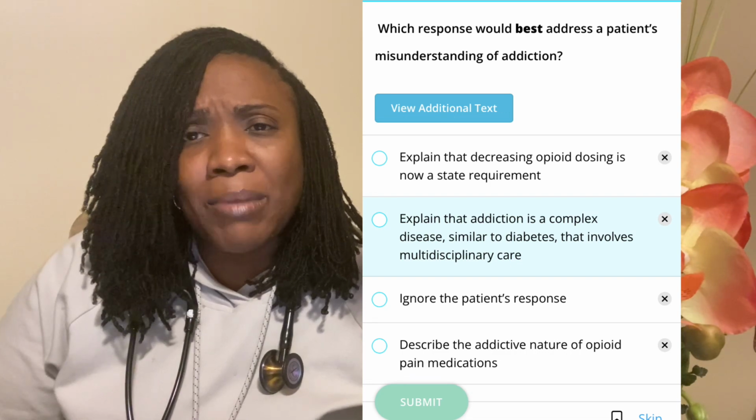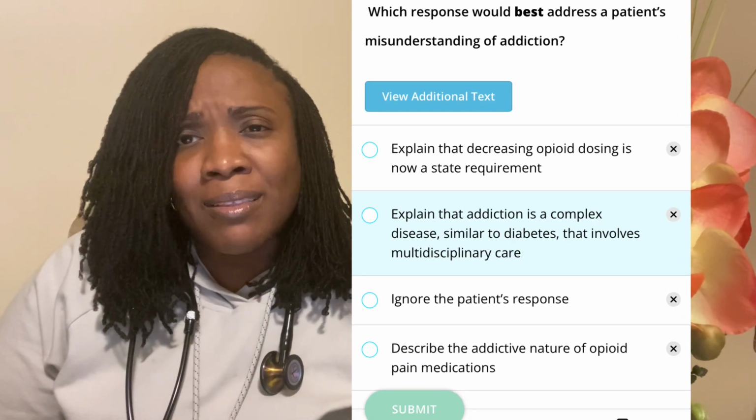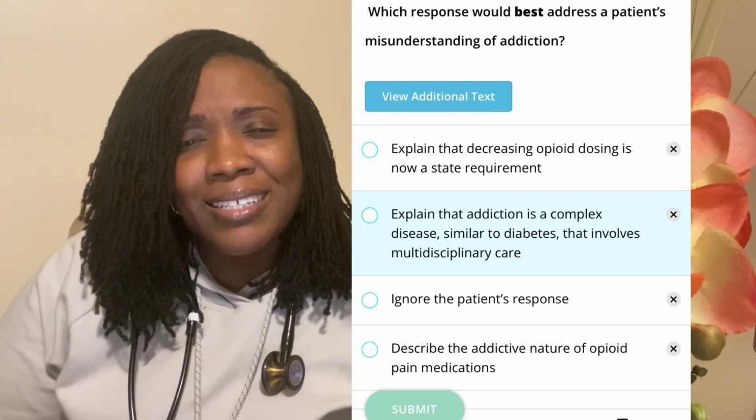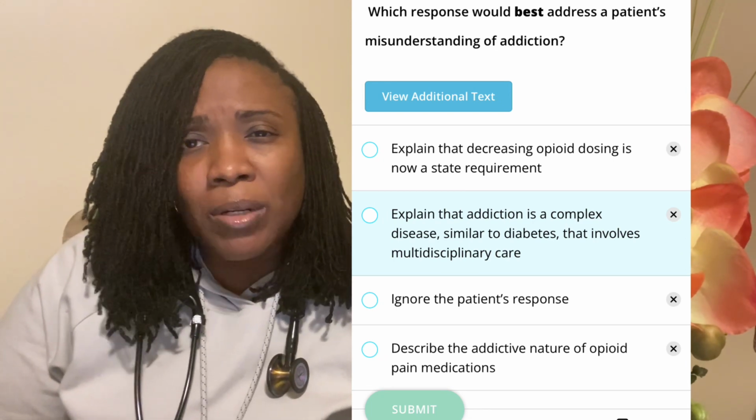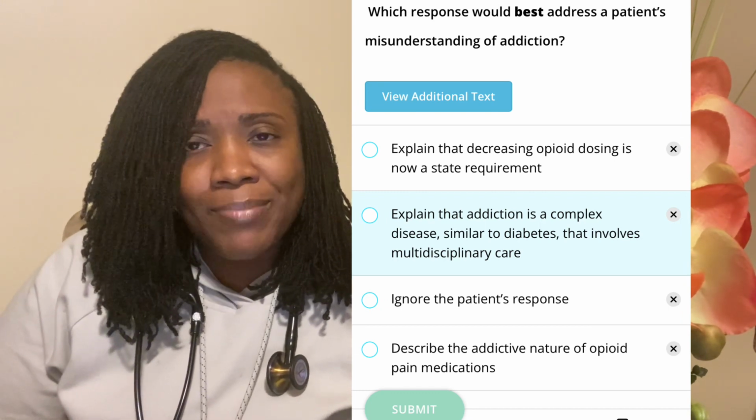Patients who are addicted to the medications, when they're coming in for help, already know that they're addicted. So explaining that they're addicted or the addictive nature of the medication probably wouldn't be a priority of mine. Ignoring the patient's response.